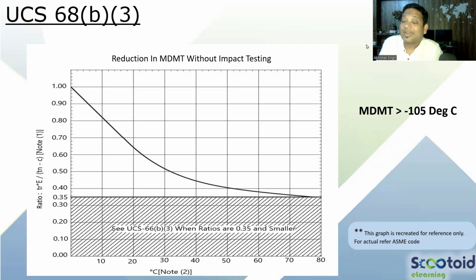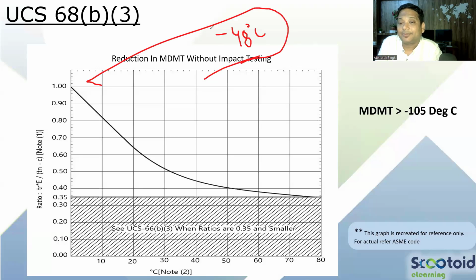If you have a very high thickness, that means your stresses are very low in the component. So the code is giving you permission to use it at very, very low temperature. These are the only options when you can go below minus 48. If you read UCS 66, the code makes a statement that you cannot take that exemption below minus 48 degrees Celsius. But excluding these points, it mentions that excluding this, so this will still be applicable.